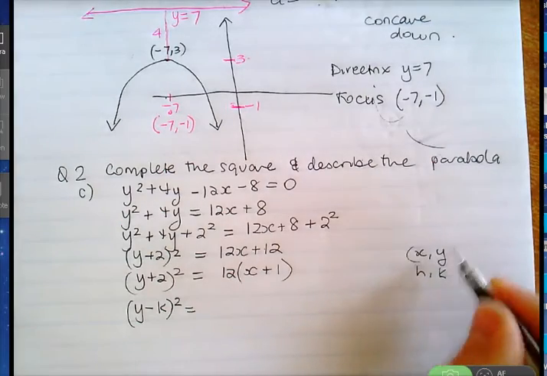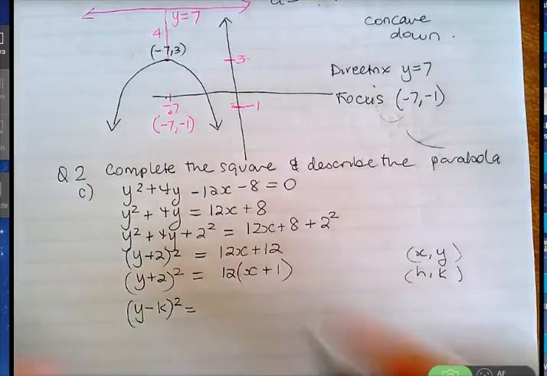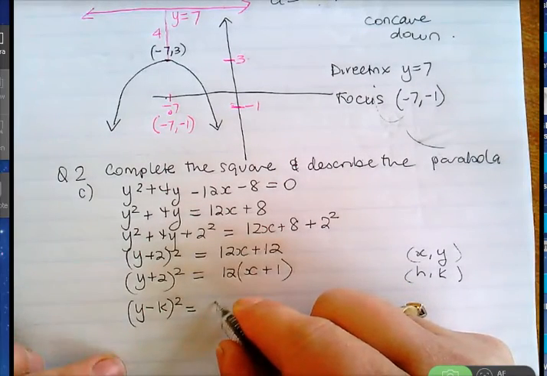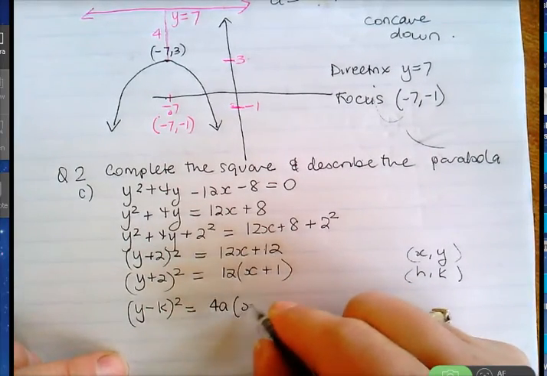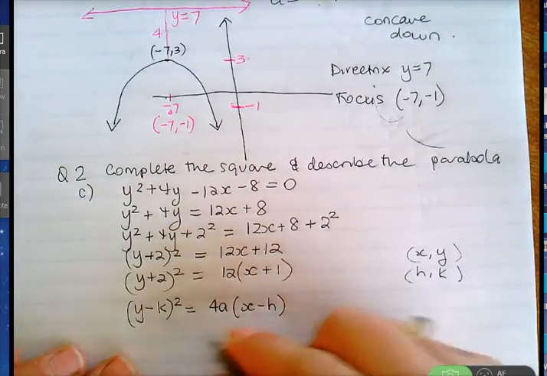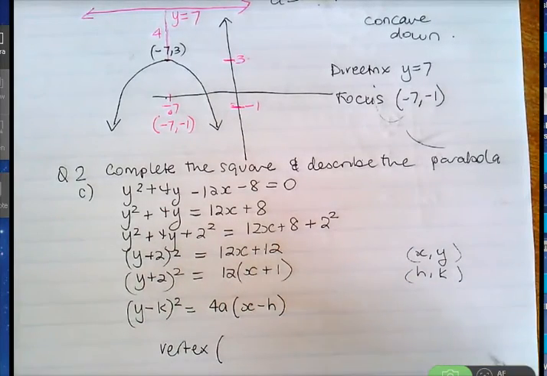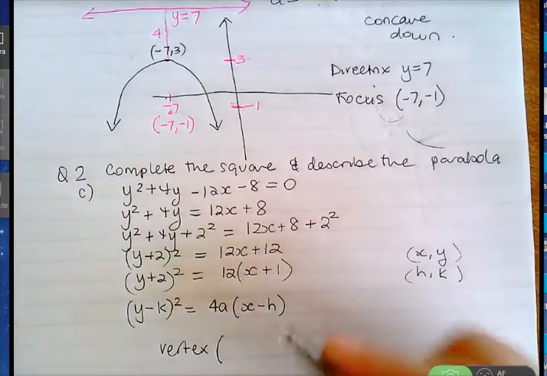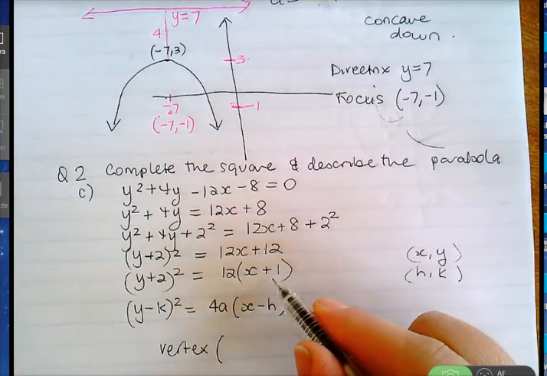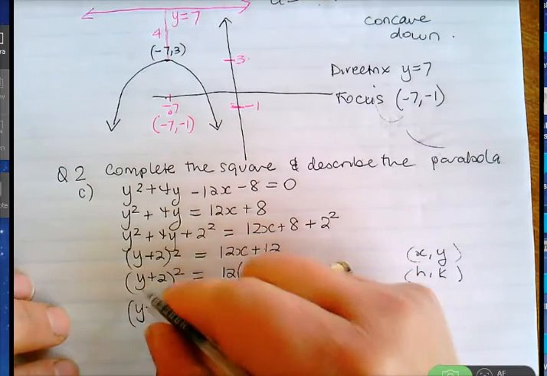So over here, x, y, h, k in alphabetical order, right? Equals, what do I write here? 4a x minus h. So therefore, what is the vertex? Please be careful. It's the x value first and then the y one. So it's minus 1 because that is really, do you want me to write it as minus minus here?